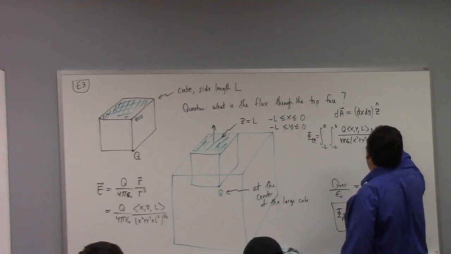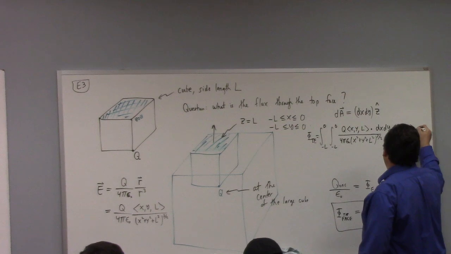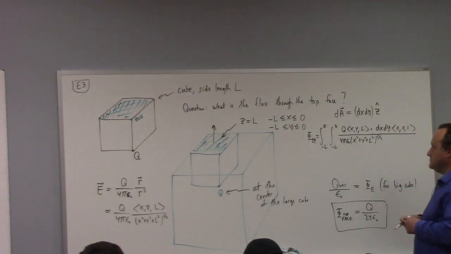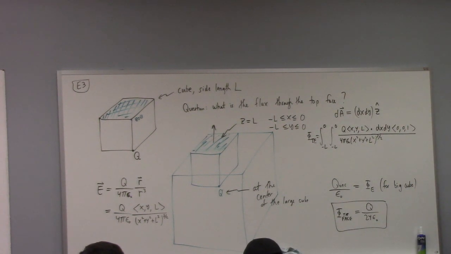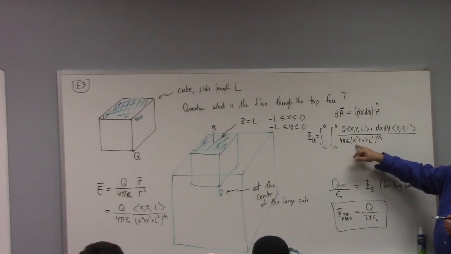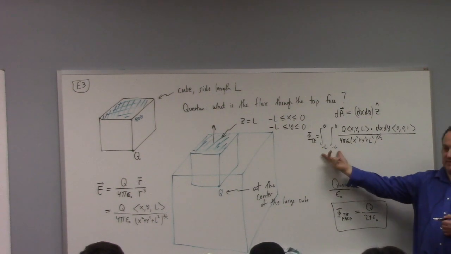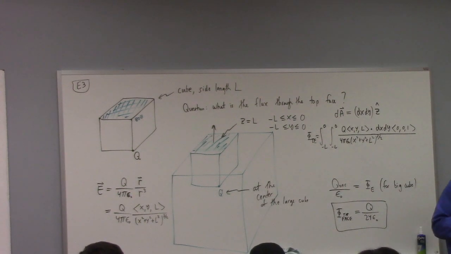That gets dot producted with dx dy times z hat, which is just (0, 0, 1). So you'd actually just end up integrating L divided by 4 pi epsilon naught times (x squared plus y squared plus L squared) to the 3/2 power over these ranges. And apparently that works out to Q over 24 epsilon naught.